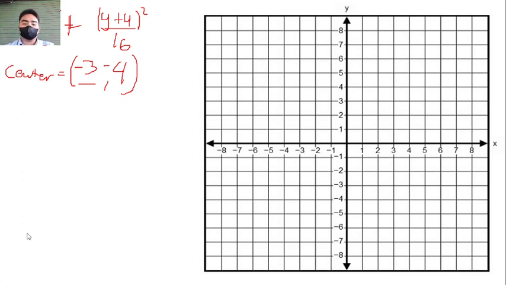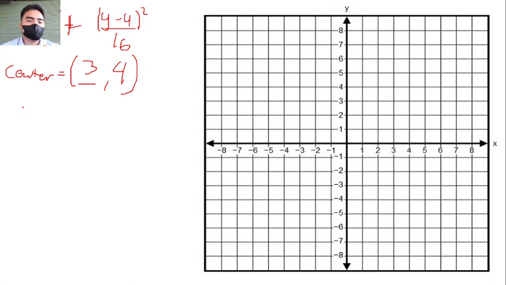It's minus. So therefore, the values of h and k in there are positive. Okay? So let's try to have the positive coordinates first. So let's have negative 3, negative 4.